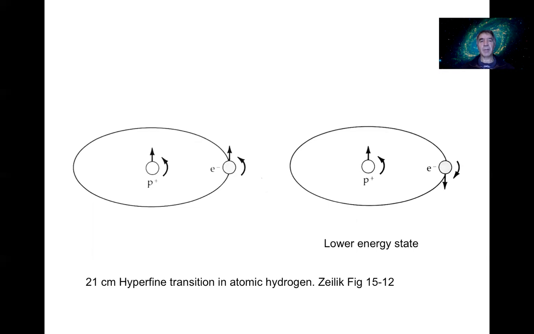Those normal energy levels in a hydrogen atom are due to the fact that the orbital angular momentum of the electron orbiting around the proton is quantized. But here, as well as orbiting around the proton, the electron also has its own spin. So the electron spins, and it has some spin angular momentum as well.